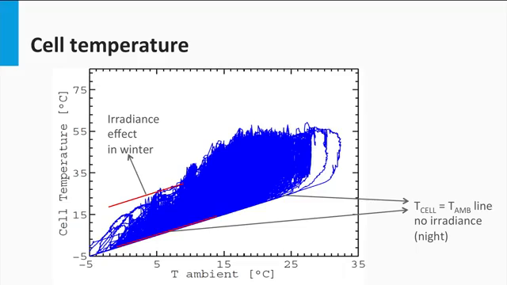When the cell temperature is closer to the ambient temperature, this is because the impact of irradiance is lesser, meaning these set of points correspond to the irradiance and ambient temperatures during winter. Similarly, when the T cell values go much higher than the ambient values, it's because the irradiance effect in the summer is quite high.